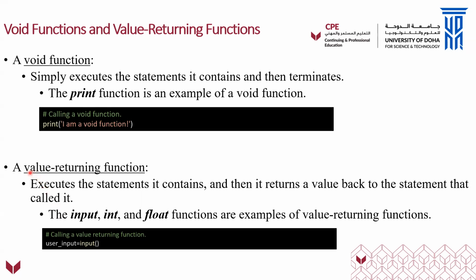So this is an example of a value returning function, input. Exactly similar to the function int. Int means I am expecting an input from the user, and this input is of type integer. So once I get the input from the user of type integer or of type float, it will be saved in a local variable because the functions input, int and float will return a value.